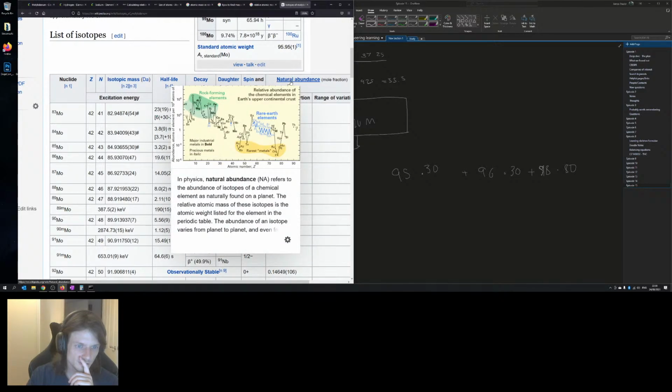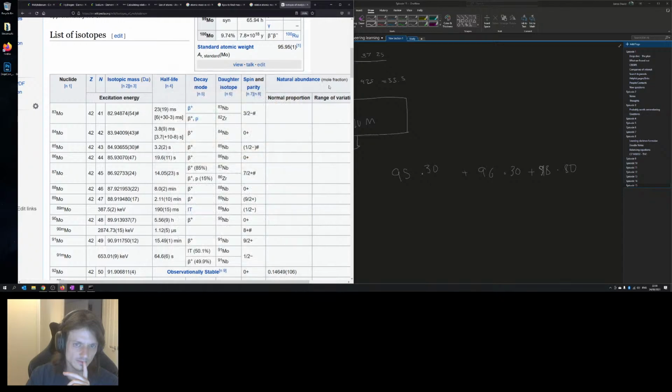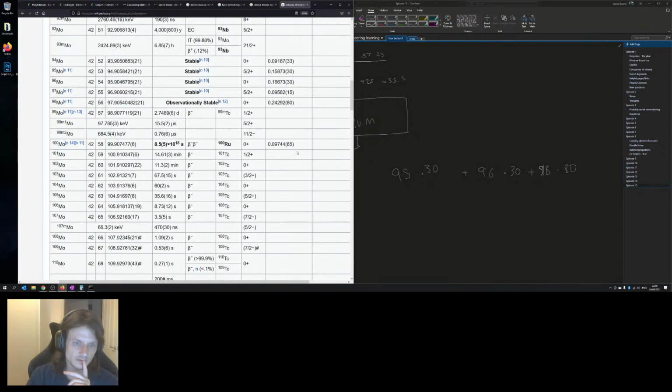Natural abundance refers to the abundance of isotopes of a chemical element as naturally found on a planet. The relative atomic mass of these isotopes is the atomic weight listed for the element in the periodic table. That's when an isotope varies from planet to planet. Natural abundance is a mole fraction. Huh, that's annoying.